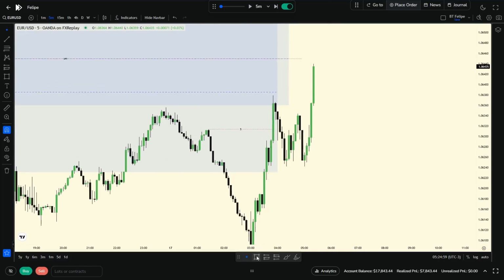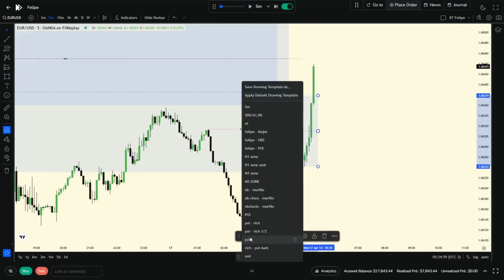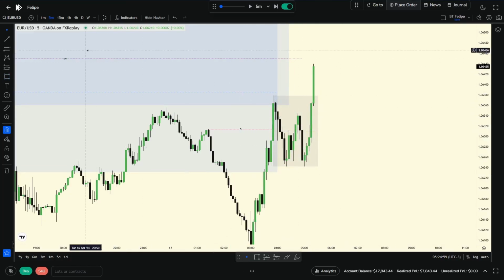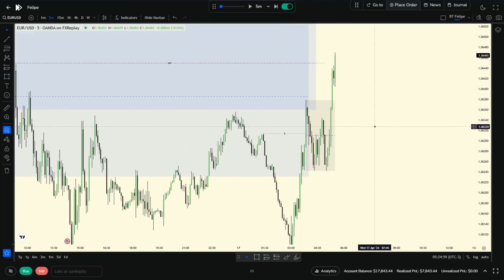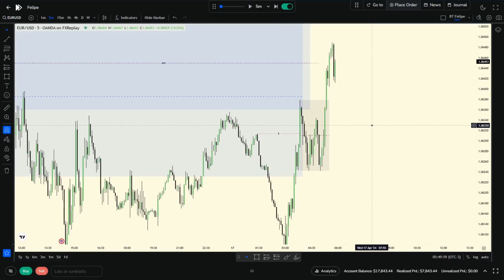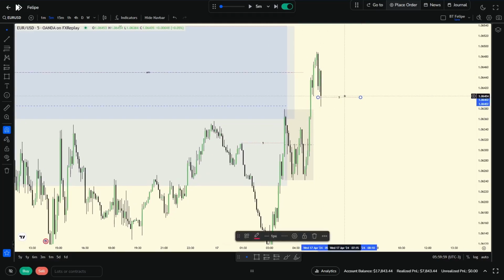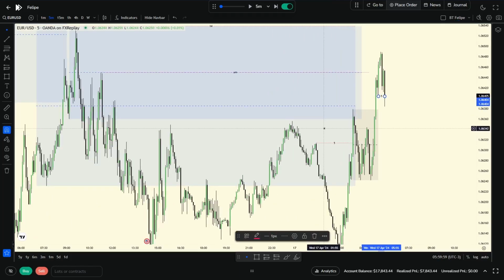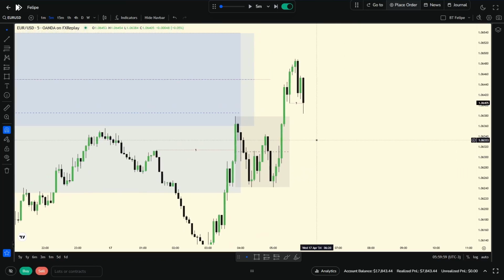Okay, we broke, so now price can come back and then we can long. Took out the M5. We can't short yet.